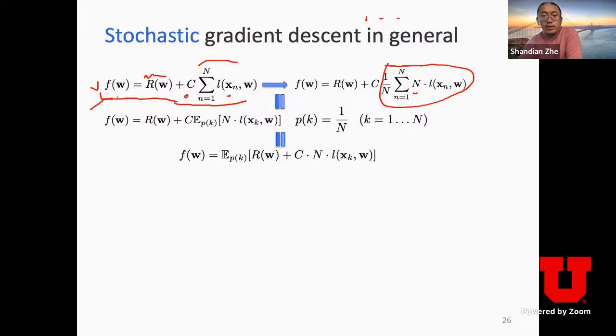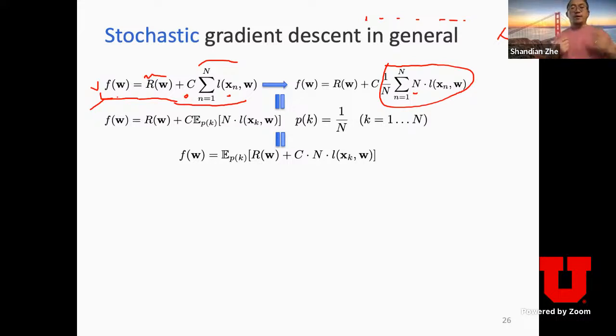For these N training examples, imagine you have a die with N faces and an equal probability to pick any point.